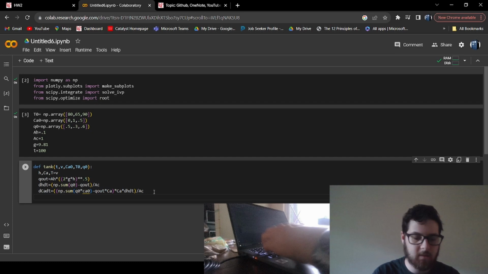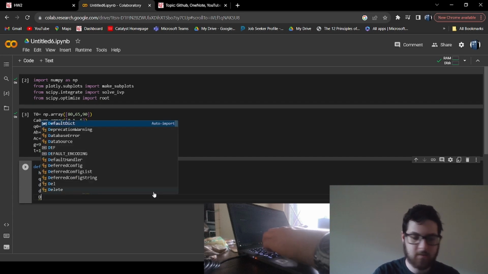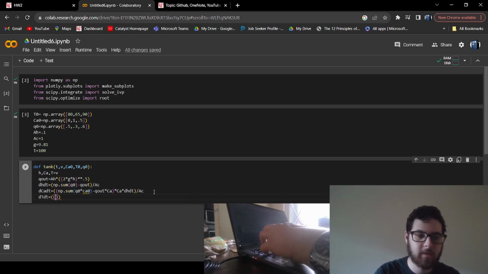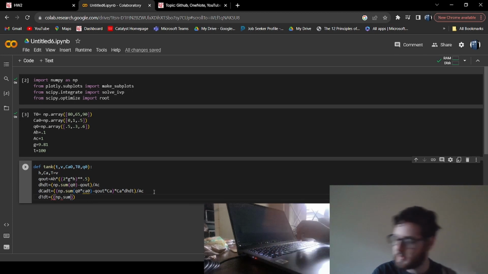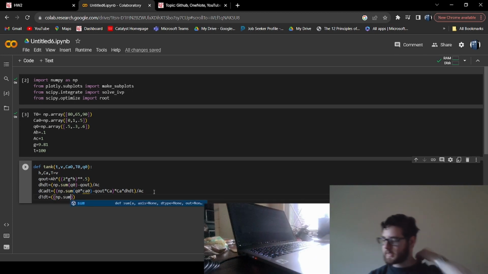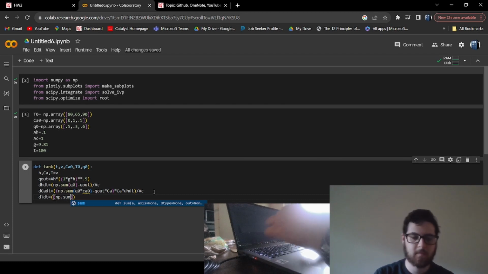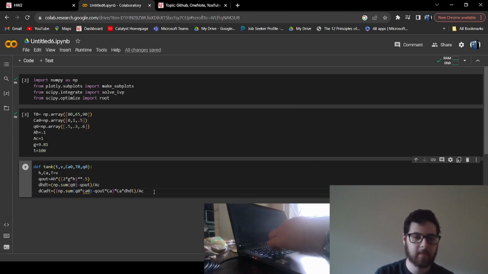And then this dT dt is going to be equal to another sum, but this one's going to need to be multiplied by, alright, looks like I'm doing this slightly wrong.